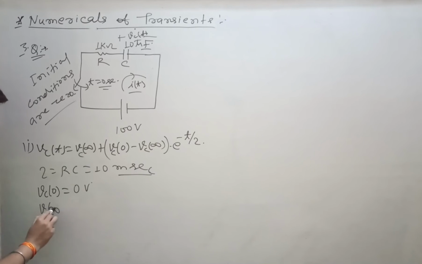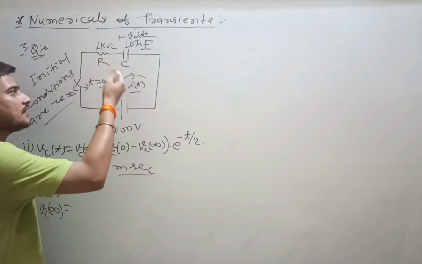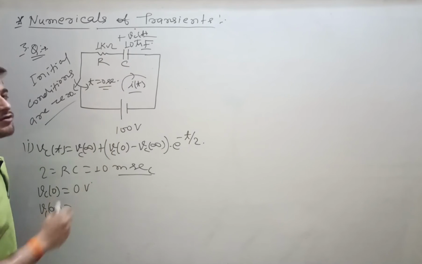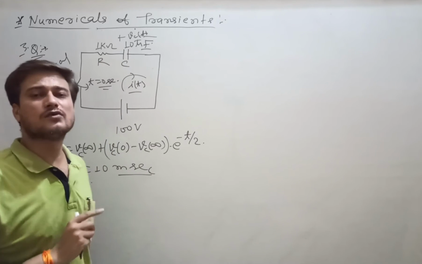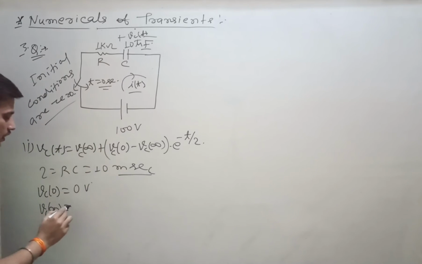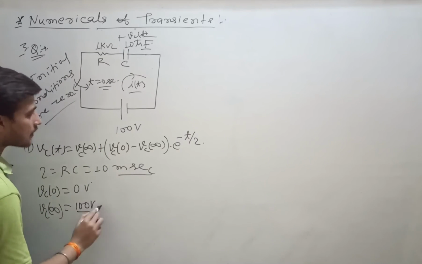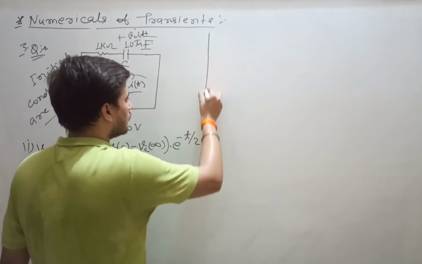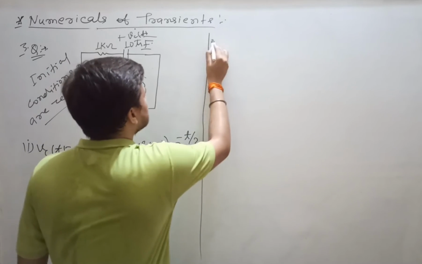VC infinity: when the time t tends to infinity, this capacitor will be fully charged. Current flowing through the capacitor will be 0. So the voltage across the capacitor will be 100 volt. Then you write the expression for VCT.